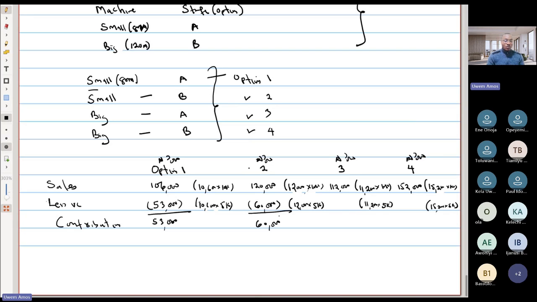The other one, 112,000 divided by 2, will be 56,000. And then the last one is 76,000.